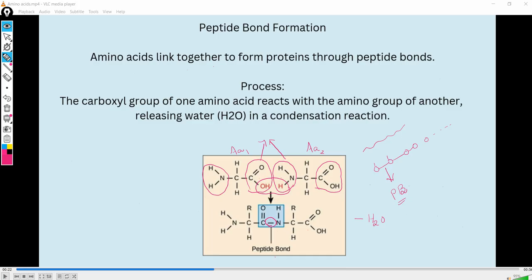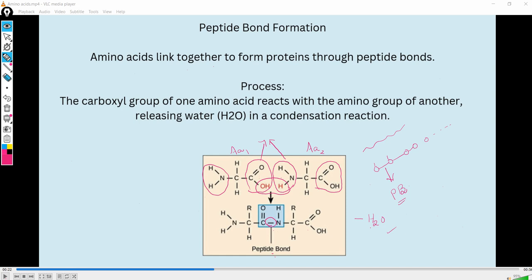That means the carboxyl group of one amino acid and the amino group of another amino acid react to form a peptide bond between the carboxyl carbon atom and the amino nitrogen atom, releasing a water molecule. This kind of bond formed between these two functional groups is the peptide bond. So peptide bonds are formed between amino acids by the release of a water molecule. Clear?